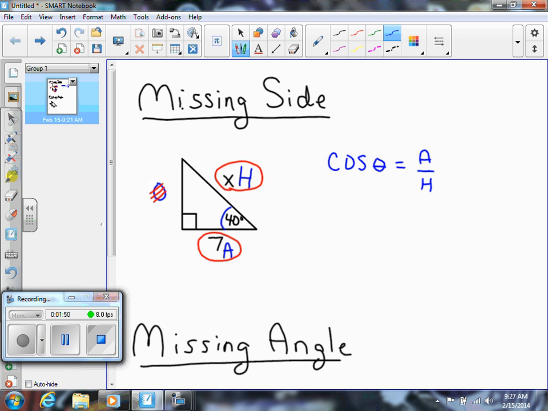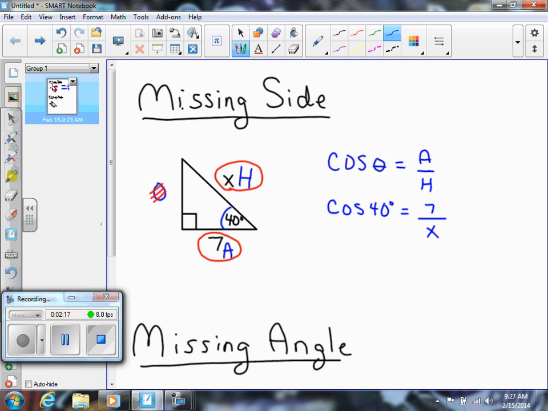So now all we're going to do is substitute into this formula. Theta is a Greek letter of the alphabet which represents the reference angle, 40 degrees. A is 7, and X is my hypotenuse, or H. With this type of question, because X is on the denominator, we want to get it into the numerator.